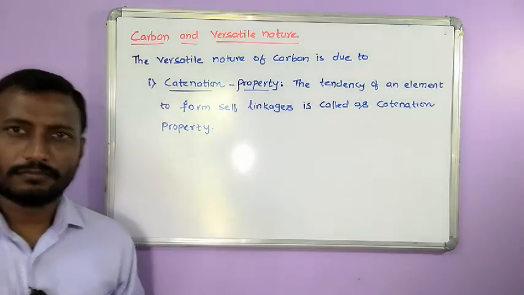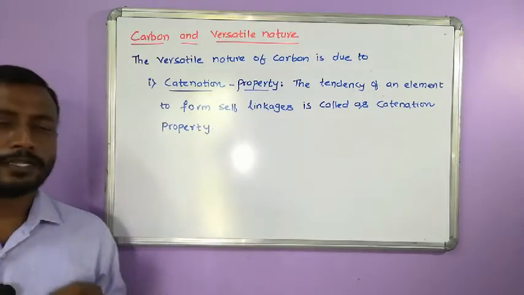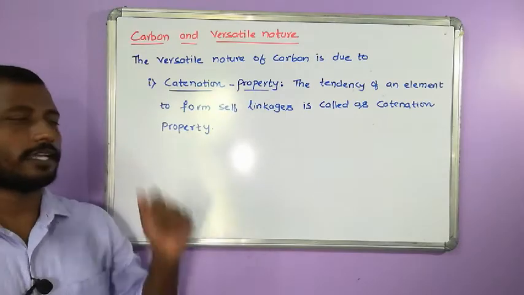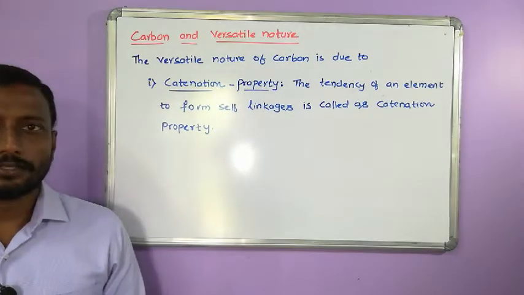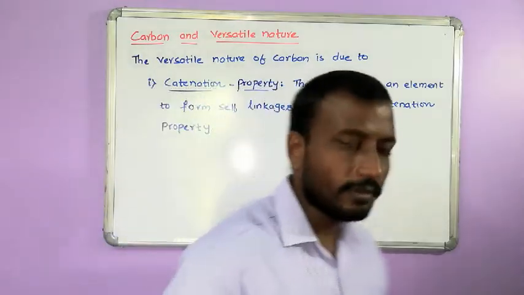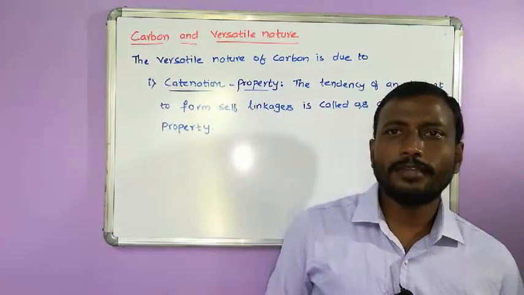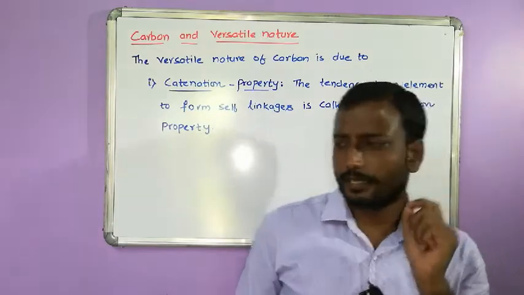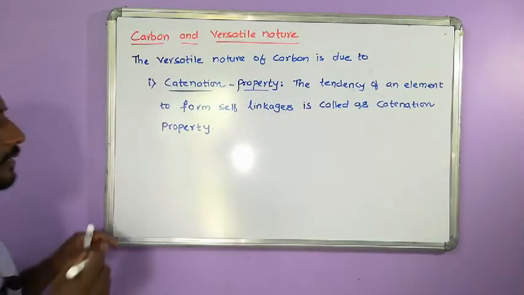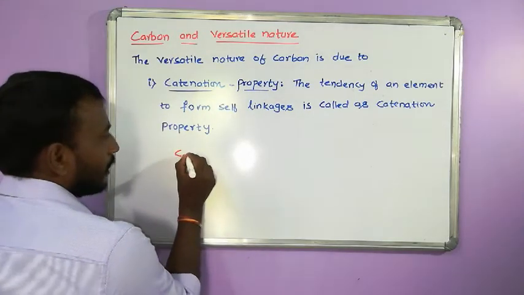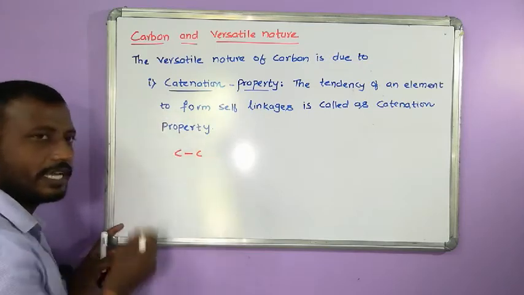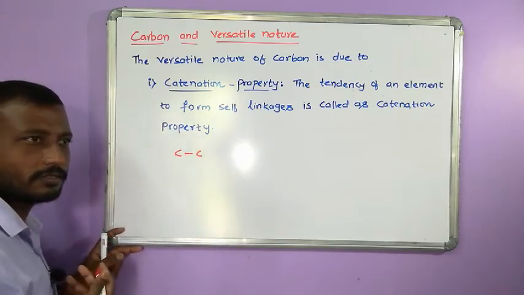Beyond carbon, there is no other element in the periodic table that would exhibit the highest catenation property. So in all 118 elements present in the periodic table, carbon is the only element which is going to exhibit the highest catenation property. What is the formation of self linkage? Carbon can link with other carbon by virtue of single bonds or double bonds or triple bonds.